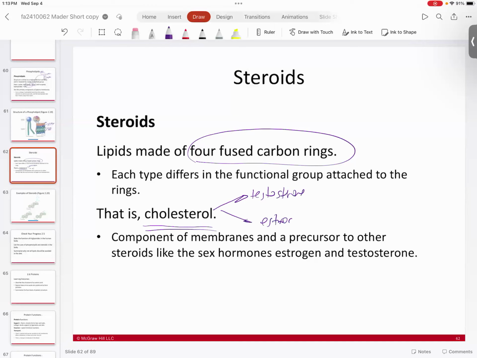So both of those are steroid hormones, and they are both basically modified from cholesterol. So cholesterol is an important molecule to have. So even though you have people saying, oh, don't eat any cholesterol, it's like, no, you need cholesterol, because cholesterol is sort of like that foundational molecule that leads to all your other steroids, and they typically tend to be pretty important. Like, for instance, testosterone is our sex hormone, or masculine sex hormone.